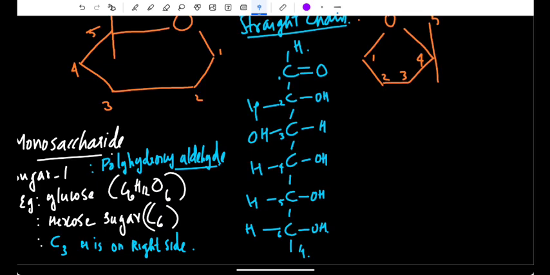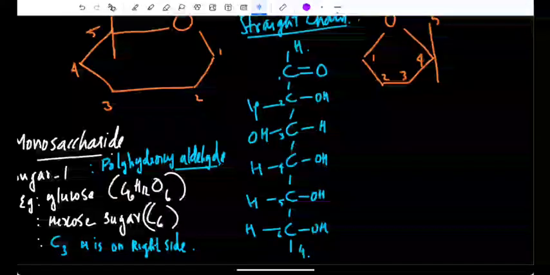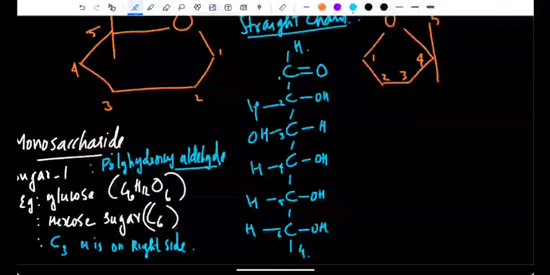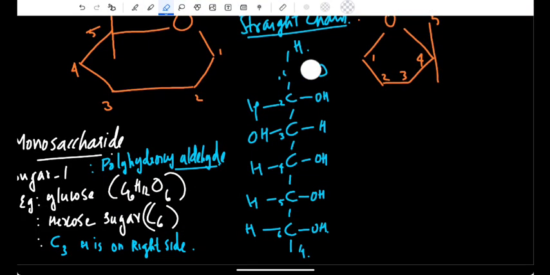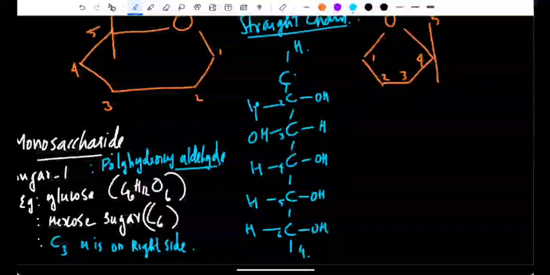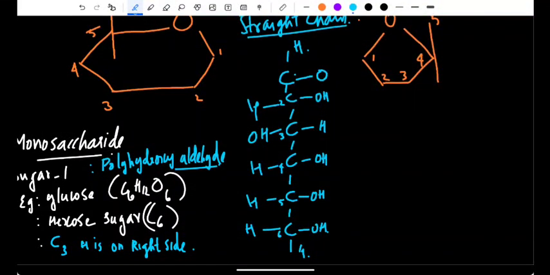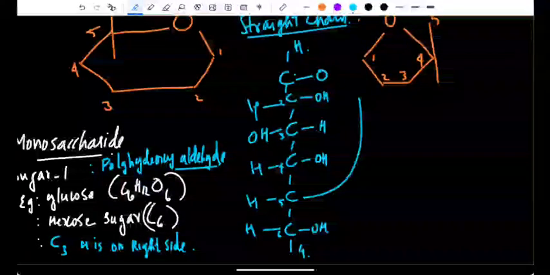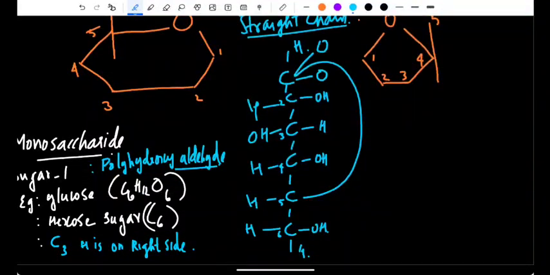So what happens, this OH also moves to here. That means if OH moves here, there won't be any double bond. Only a single bond will be there. Then OH will be bonded to here. Okay, clear?